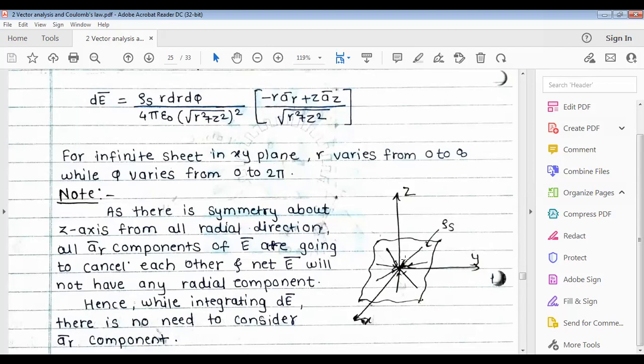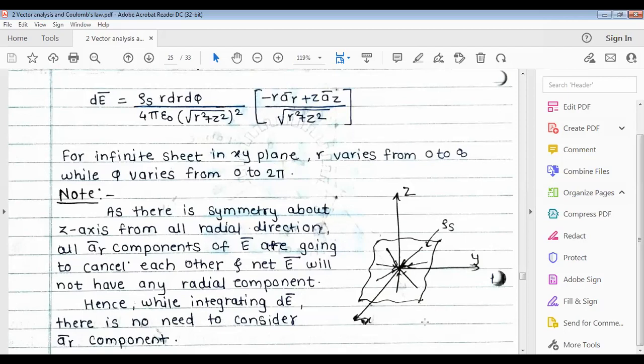So I'll tell you simply about the symmetry, how that symmetry is there when we are considering the radius. In all directions it is the same. So the radial components get cancelled. Whatever the electric field intensity E bar produced by this r gets cancelled there.